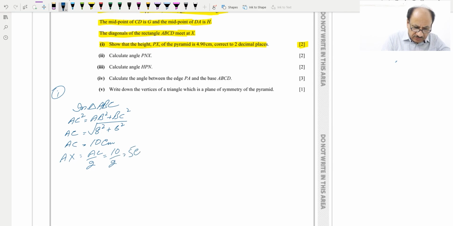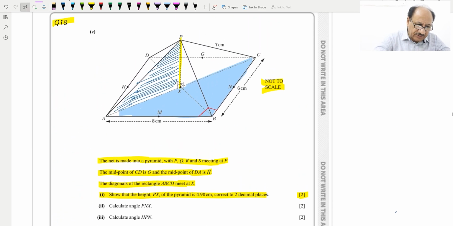This will be AX value. Now we found AX value, which is 5 centimeters, and AP, which is given, is 7 centimeters. Now we'll be considering AXP. In triangle AXP, we can write in triangle AXP.